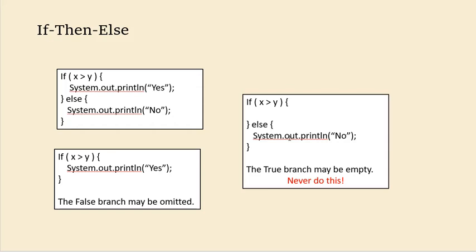This will compile, this will run, never do it. Always make the true branch the one that has the action. How would you fix this? Well, instead of X greater than Y, you would change the test. If X is less than or equal to Y, then the true version of that is going to be the same as the false version of X greater than Y.